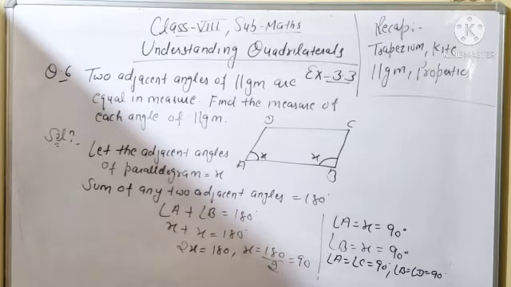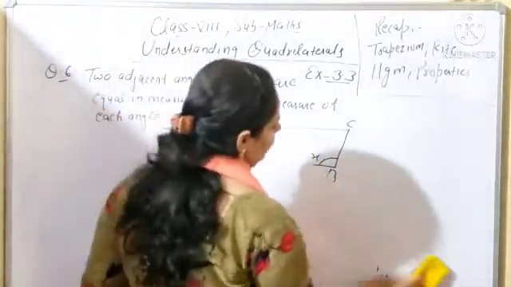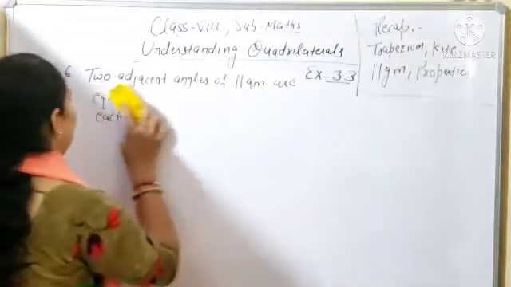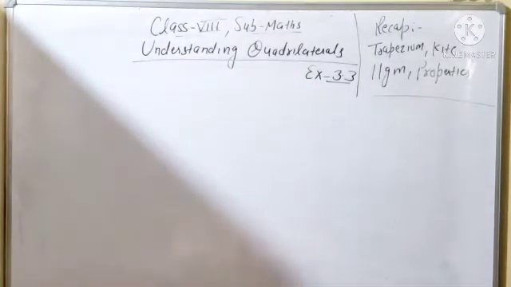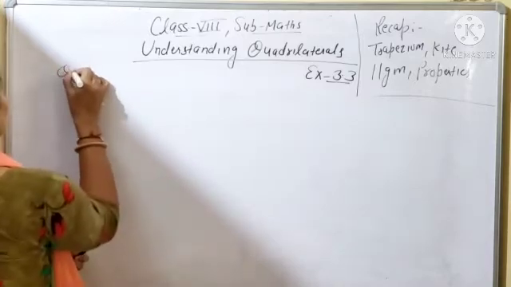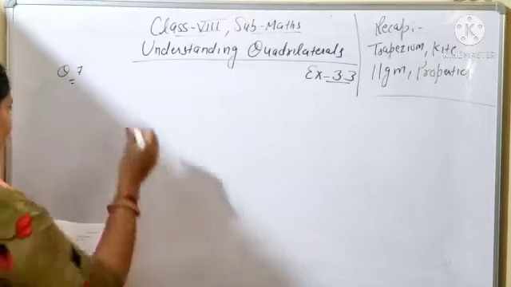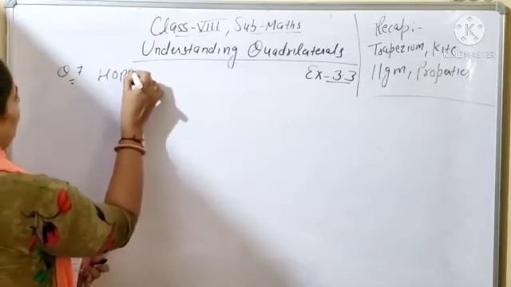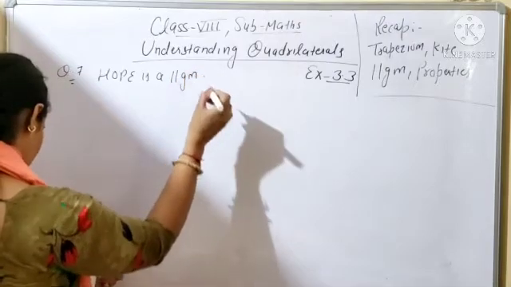Next question. The adjacent figure, the figure is given in your question. HOPE, a parallelogram is given, so you have to find the unknown angles in question number 7. So what is question number 7? The adjacent figure HOPE is a parallelogram.